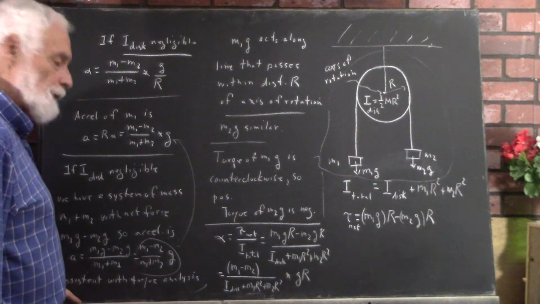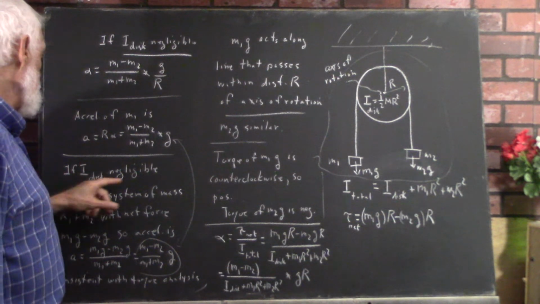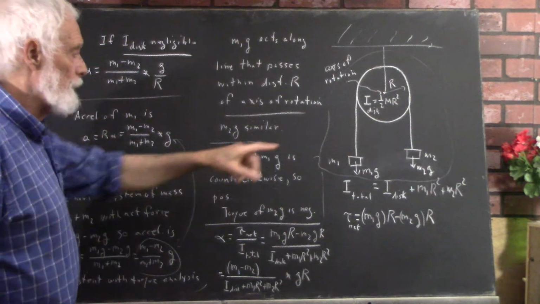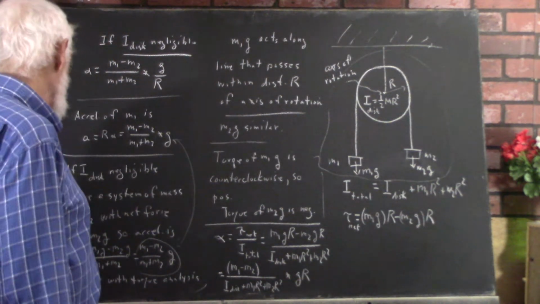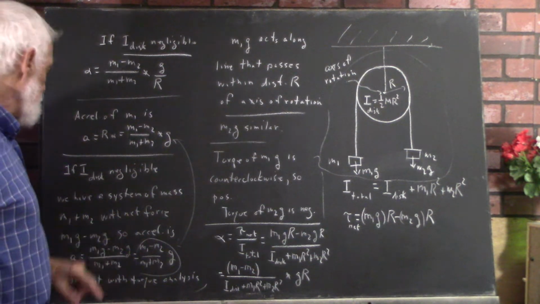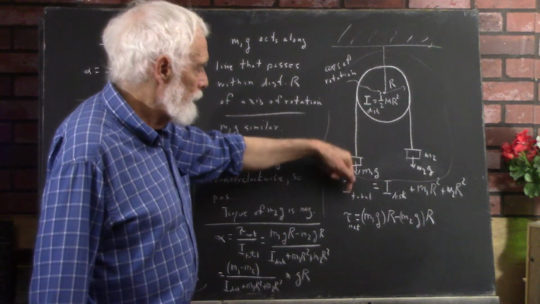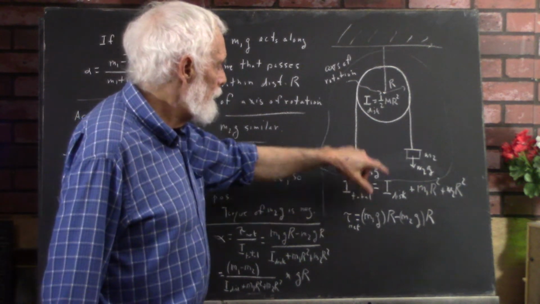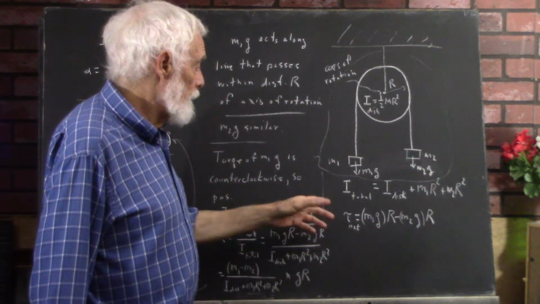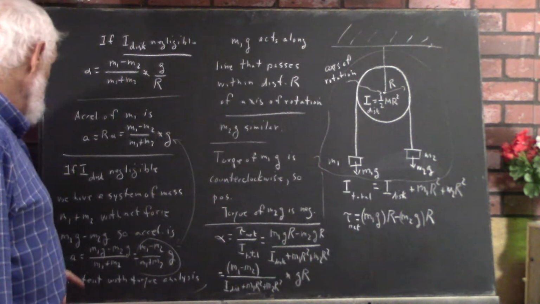We could also analyze this using methods that we had earlier. If the moment of inertia of the disk is negligible, then you just have a system consisting of mass m1 and m2, and total mass of that system is m1 plus m2. The net force on that system is, if we regard the direction as positive, if this mass is descending, then the net force is just m1g minus m2g, and that's straightforward.